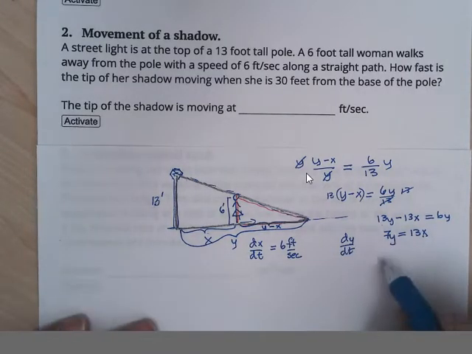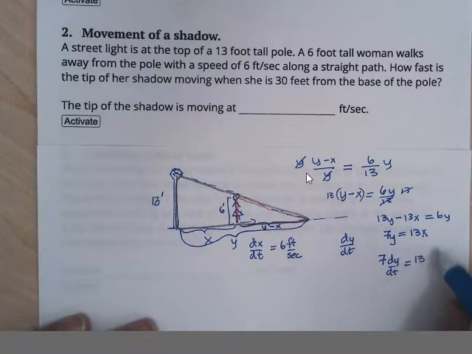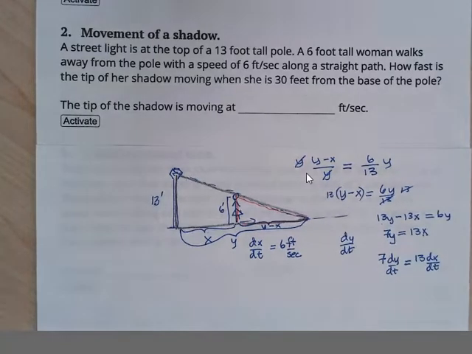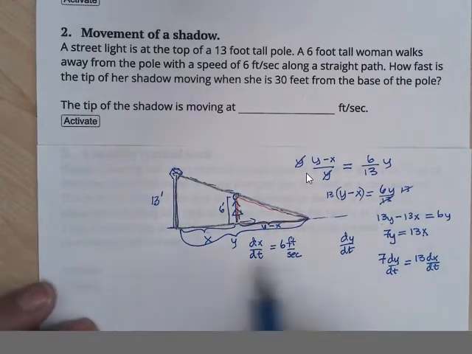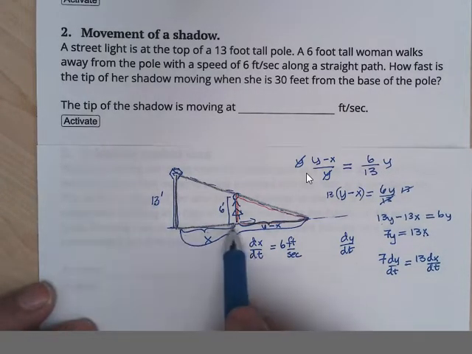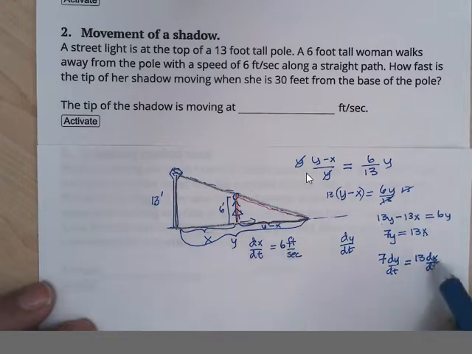So the derivative of 7y is just 7, and since it's not t, we have to go dy/dt equals 13 times the derivative of x with respect to t, which is dx/dt. And now they said dx/dt, she's walking at 6 feet per second, so that would be 6 here.